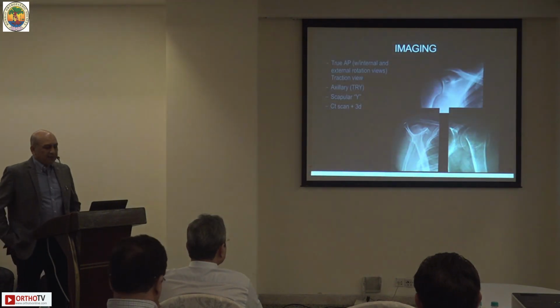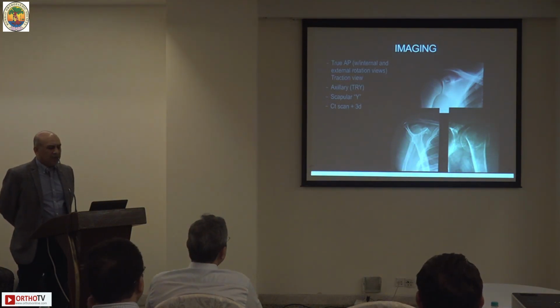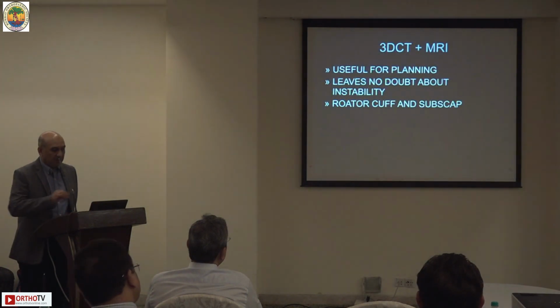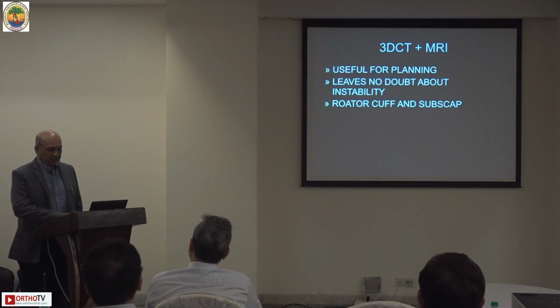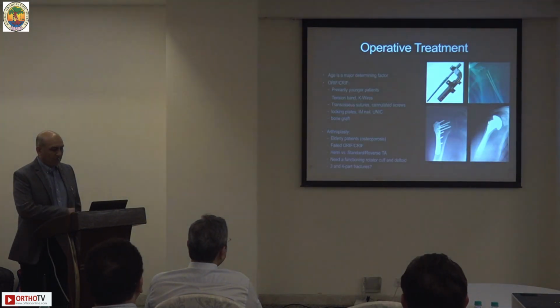Imaging wise, classic X-rays: AP X-ray, axillary X-ray if possible, scapular view, and a traction view is quite useful. A 3D CT and MRI scan are very useful in assessing the complexity of the fracture, how many fragments we have, and MRI to see if the rotator cuff and subscapularis are intact.